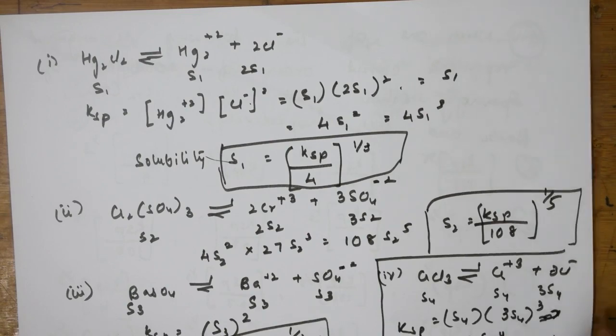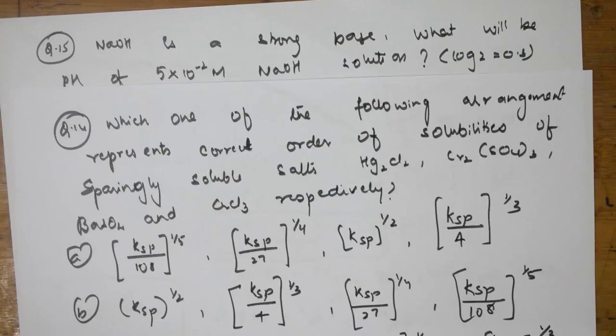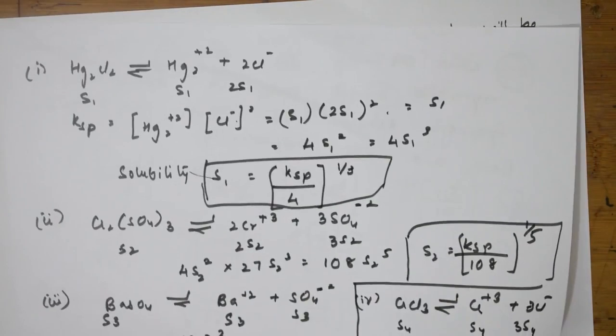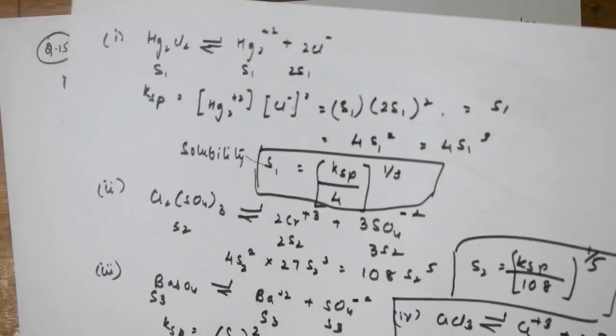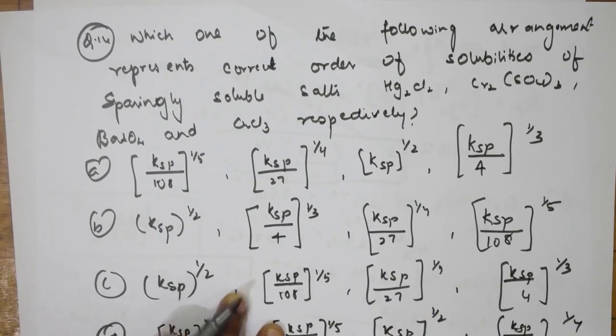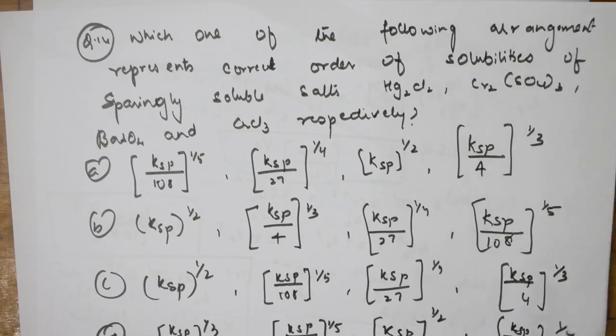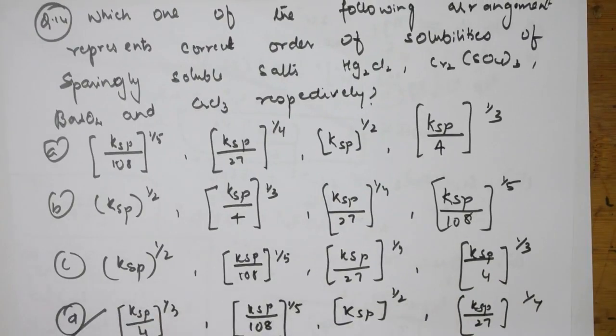Okay, right. So this is how you have to solve everything. Which is the option: (KSP by 4) to 1 by 3, and (KSP by 108) to 1 by 5, this one. So the correct option is the third option which we have got. Okay, let me see this also. KSP half, okay, this one. Next, KSP by 27 is what we have got. That also is right. The correct option is D.